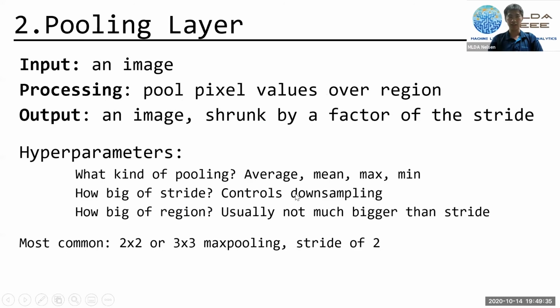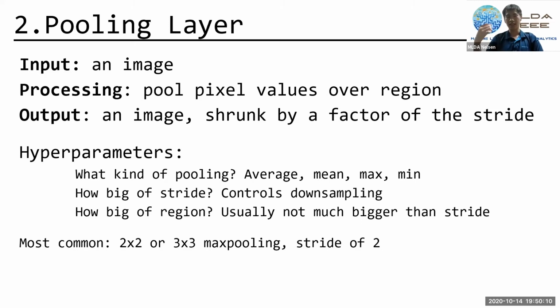The other method is called pooling layers. By complementing the convolutional layers with pooling layers, we still want to keep the size, but we don't want to downsample to the point where we lose a lot of information.